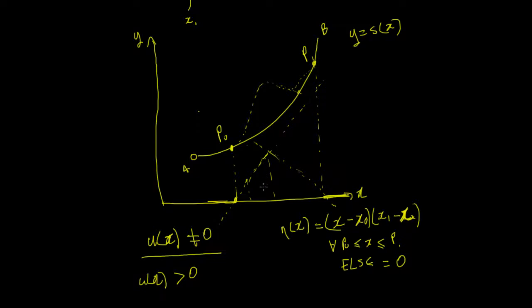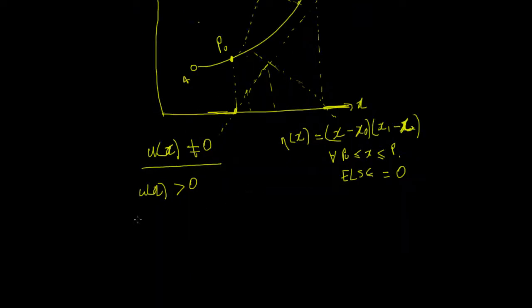Okay. So that means that eta of x is greater than 0 between these 2 points.